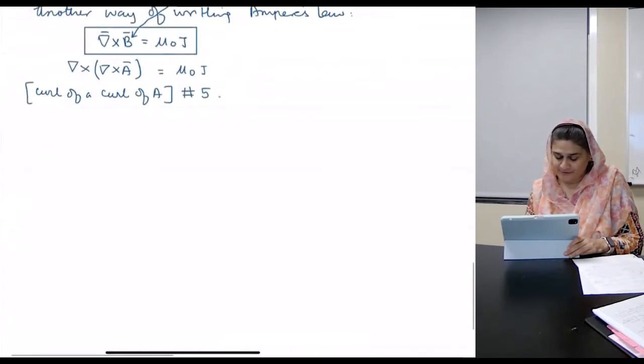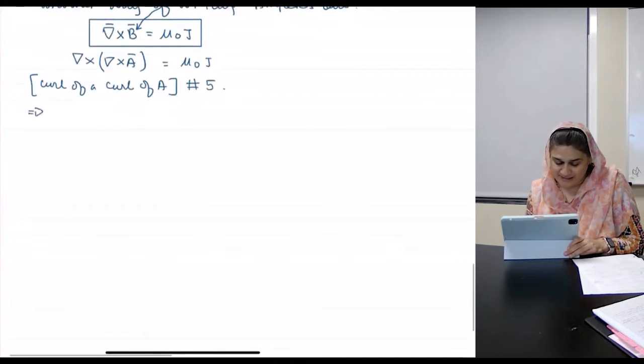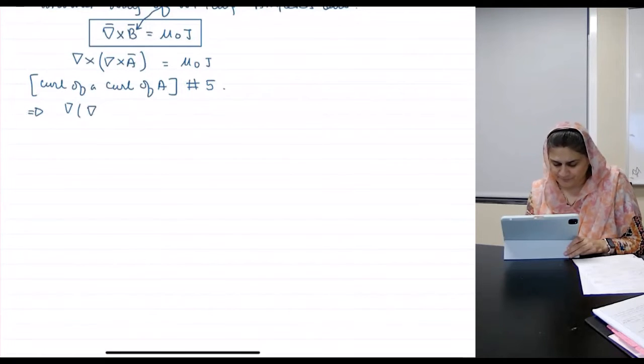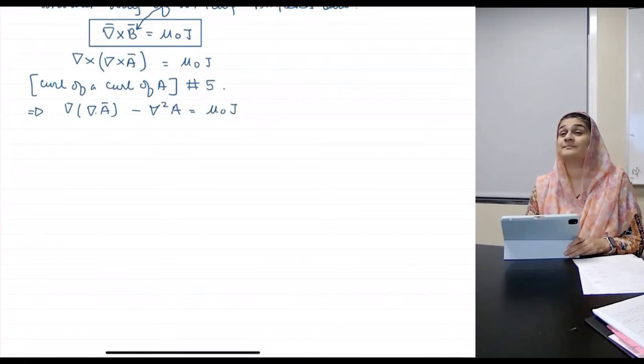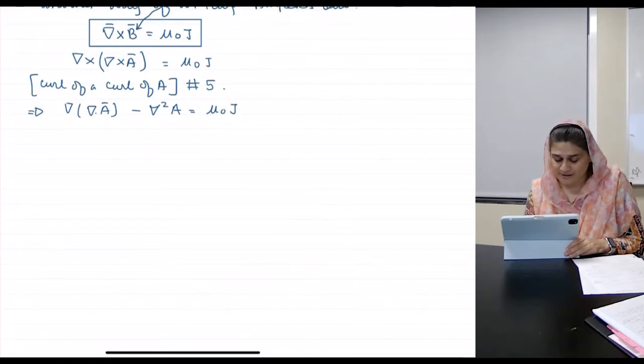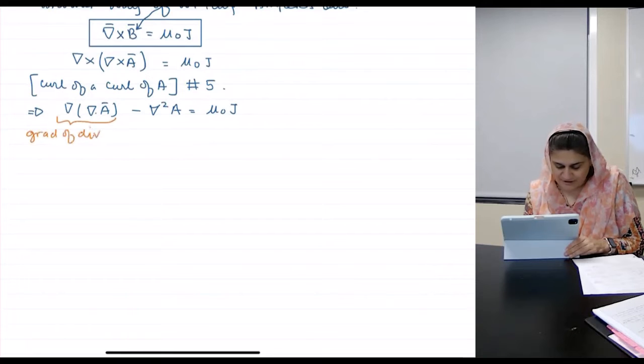So that means I can rewrite this as the gradient of the divergence of A minus the Laplacian of A. So this part is the gradient of divergence, and this part was called the Laplacian.